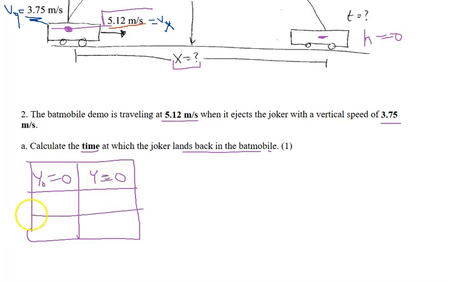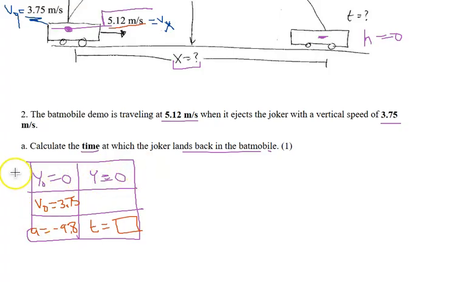Okay, and hopefully you've done enough of those football problems that it's really comfortable to you. That starts on the ground, ends on the ground. V naught in the Y direction is 3.75. Acceleration is negative 9.8, and we're looking for time.